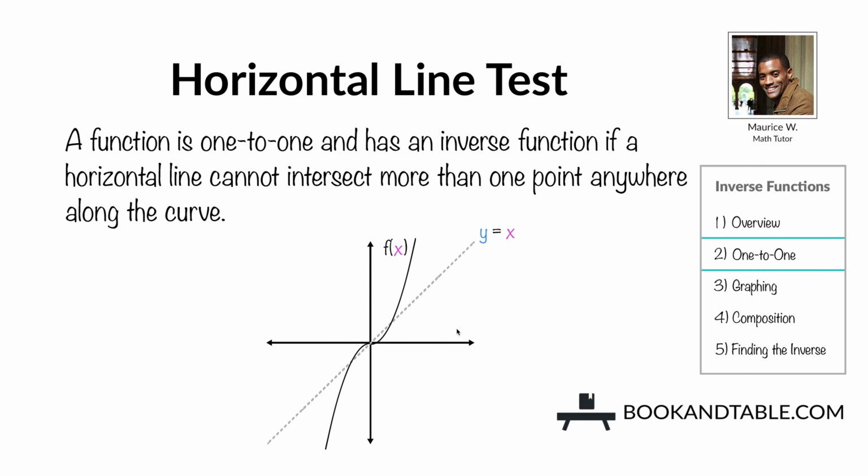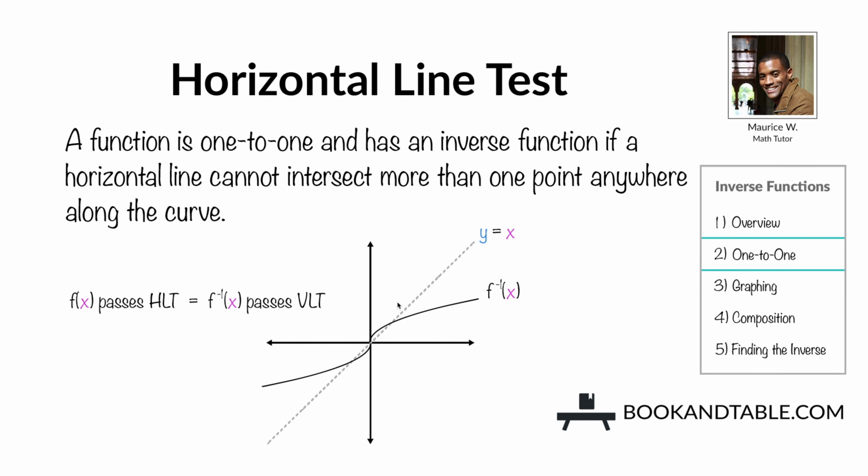Let's take a look at a different f of x. This is more of an x cubed type of curve. If we use a horizontal line on this f of x, at no point along the curve will this line cross more than one point. So since f of x passes the horizontal line test, the inverse will pass the vertical line test. This would be the curve of the inverse function.